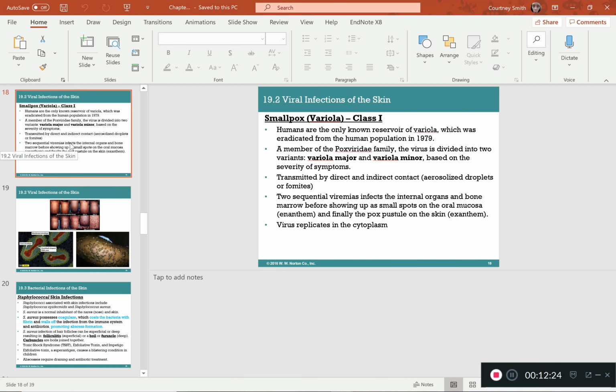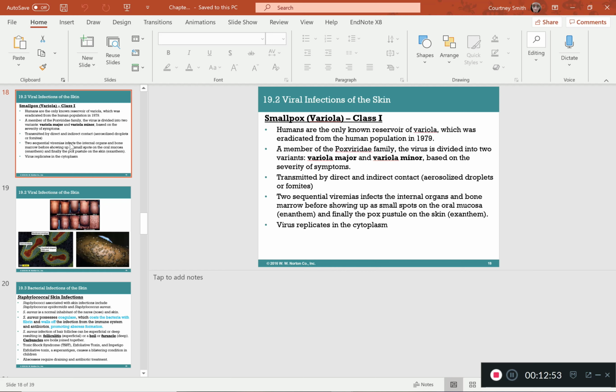With smallpox, the big thing I want you to know is how it's transmitted. It can be transmitted directly or indirectly. If it's transmitted directly, it's through aerosol droplets. If indirectly, it's through fomites, which are inanimate objects. Also the location where the virus replicates, which is in the cytoplasm of the cell, and the general hallmarks, which are the two different types of rashes.